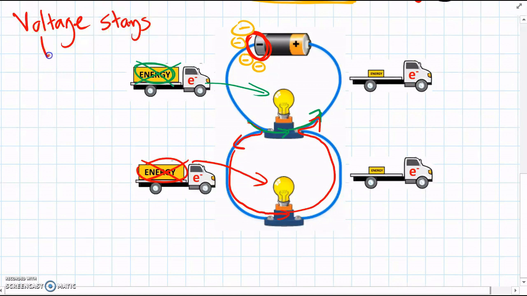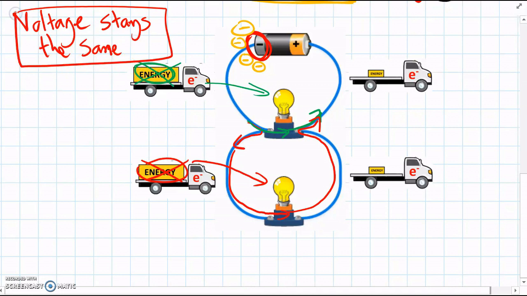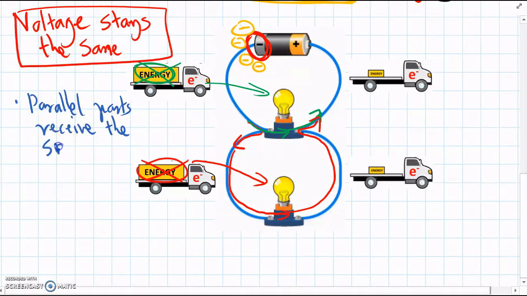So voltage stays the same in parallel. And that's because parallel parts receive the same amount of energy.